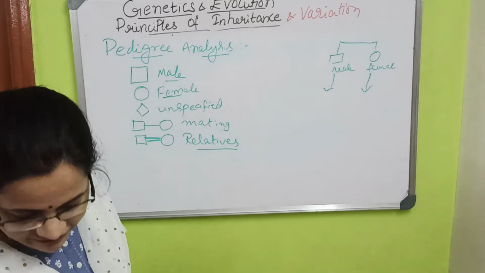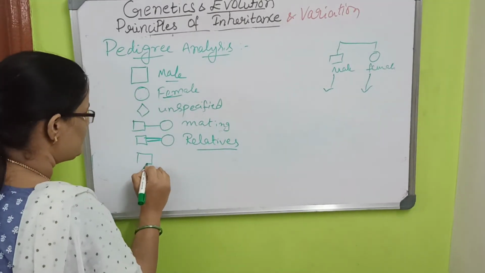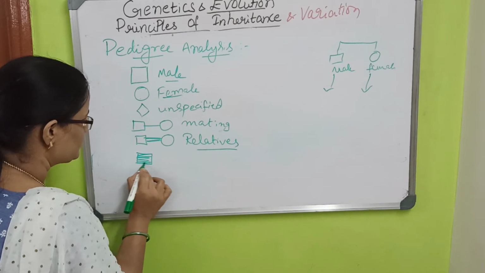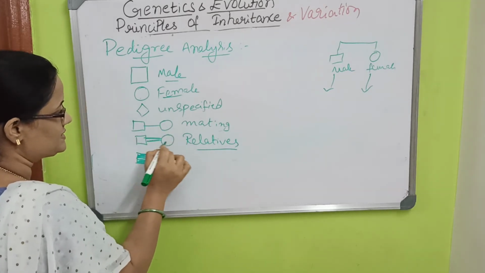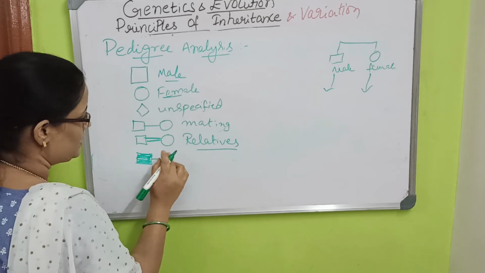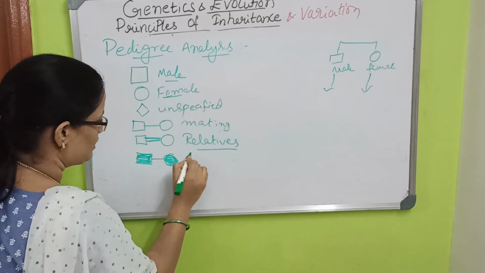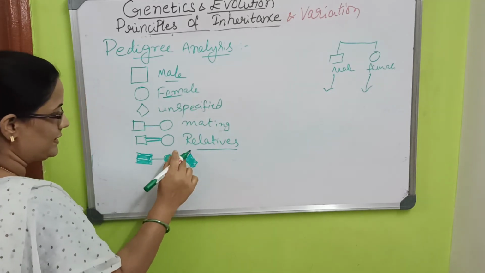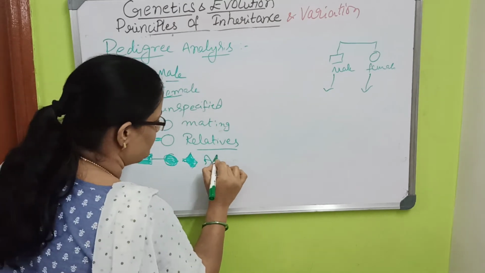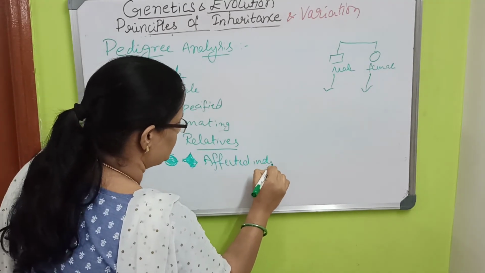And affected individuals are shown by dark color. Always when they give sums, a healthy individual will be plain, but affected individuals are completely dark. Okay, you should know this, these will come in the exam. So these symbols are shown for affected individuals.